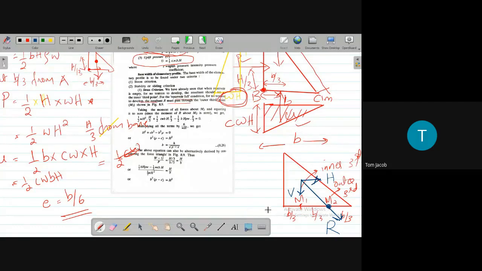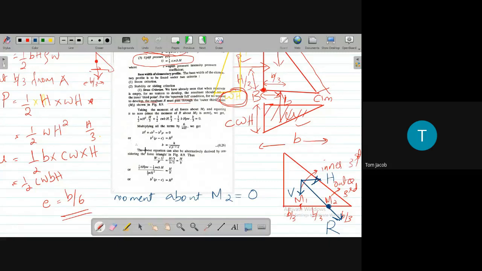So when the resultant passes through M2, we can say that the moment about M2 can be equated to 0. That is what we are going to do now: the moment at M2 is equal to 0.